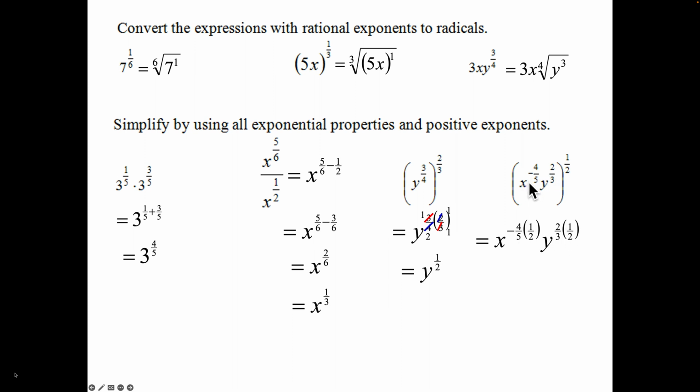If you want to take this x to the negative 4/5 and put it in the denominator and then distribute the half, so be it. We can take the negative and put it in the denominator right away. I don't care what order you do it in as long as it gets done. Simplify individually. 2's cancel, y to the 1/3. 2 goes into 4 twice, x to the 2/5, and we're done.